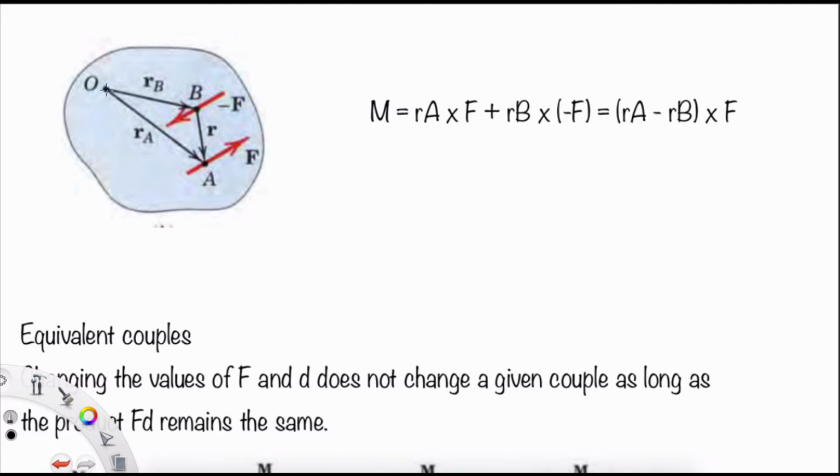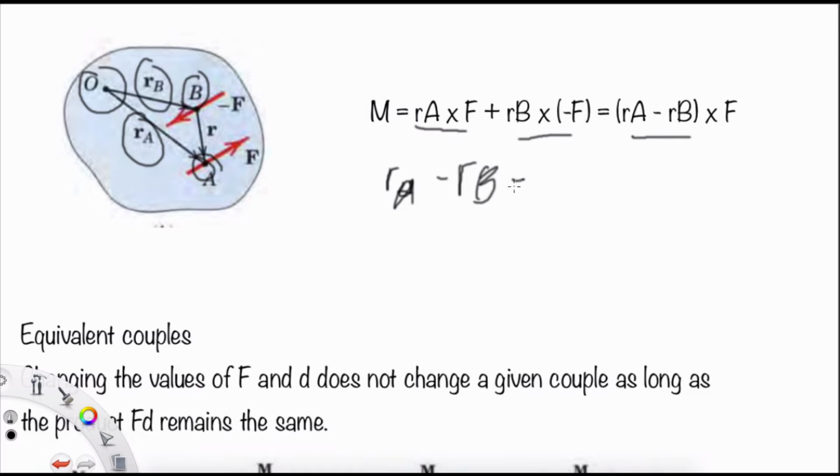RA is the distance from point O to point A, and RB is the distance from point O to point B. So the moment about O is RA times F plus RB times minus F, which is the same as (RA minus RB) cross F. You see that RA minus RB is the same as R here, so this equation comes back to R cross F.